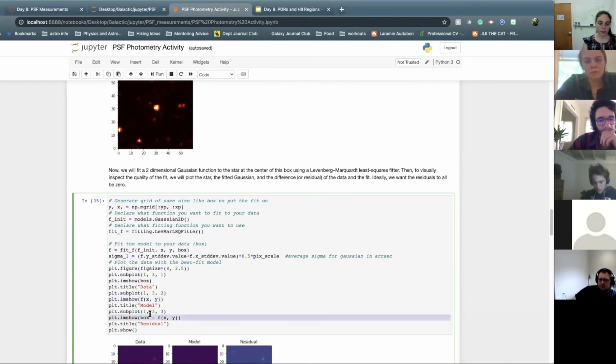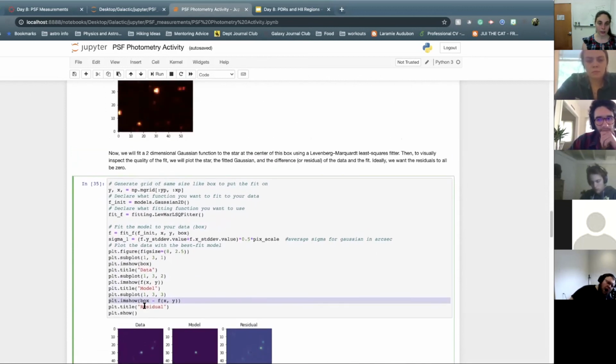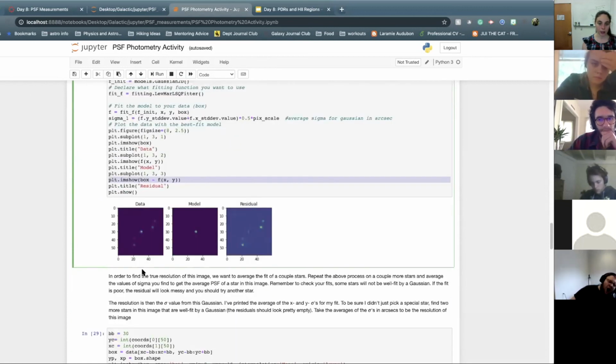And then in the final box, I plot the difference between them, or the residual. So what I get is my data has our star, with a few other stars around it. The model looks like a point source, this is what we want. And the residual looks like the image minus the model, so the star gets blurred out.